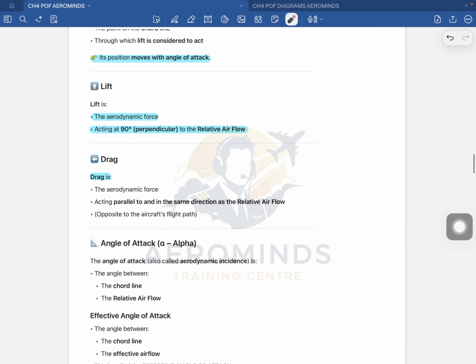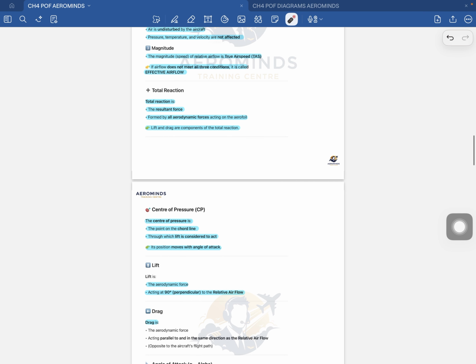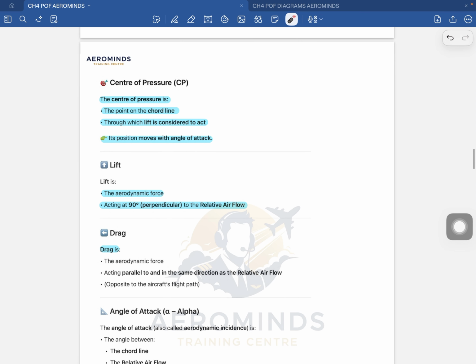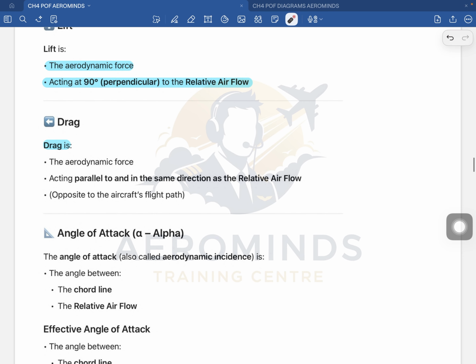Now, both are the components of the total reaction. Okay, but the directions are defined with respect to the airflow only, not with respect to the ground. It is an aerodynamic force acting parallel to and in the same direction of the relative airflow, which is opposite to the aircraft's flight path.